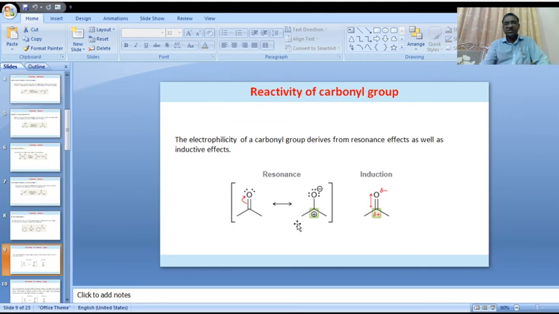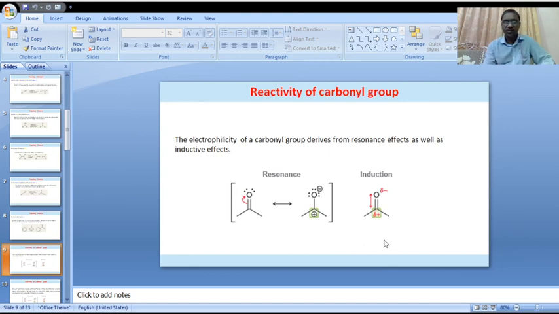Due to this resonance effect and inductive effect, the electron density increases on the oxygen atom and decreases on the carbon atom. Based on these effects, we observe this information.